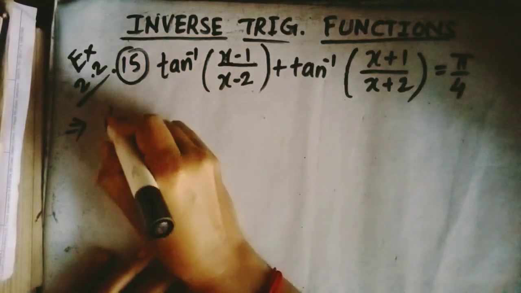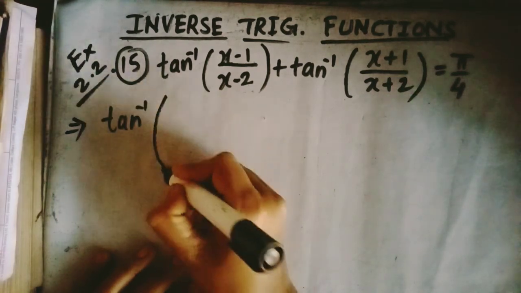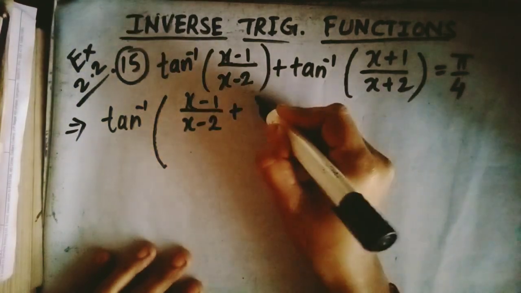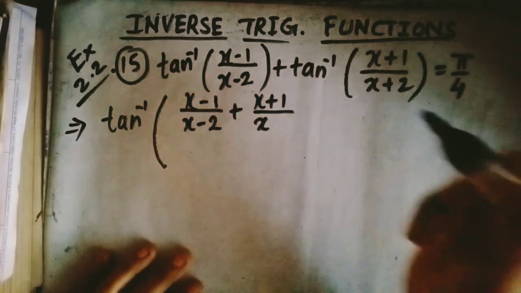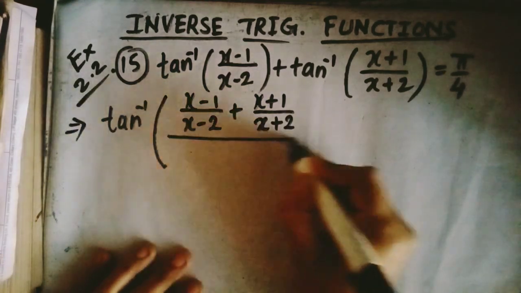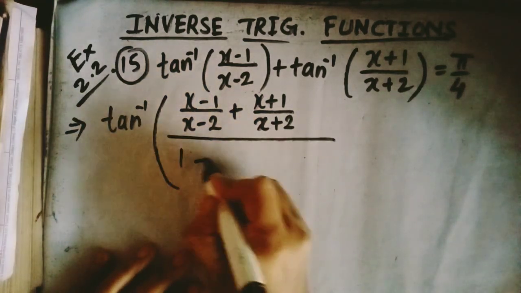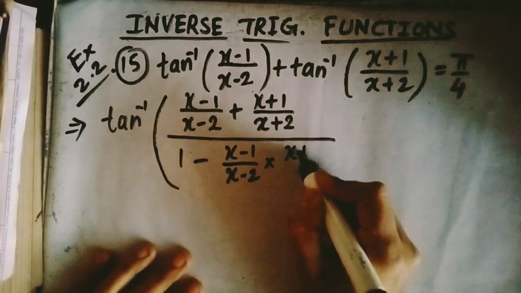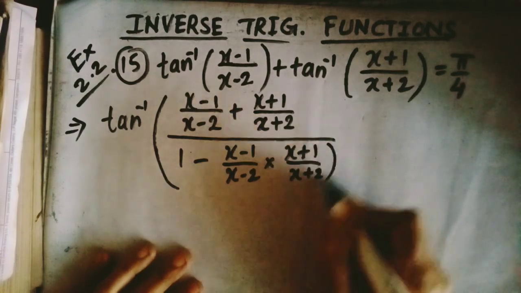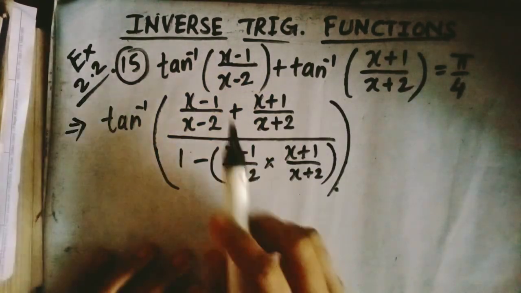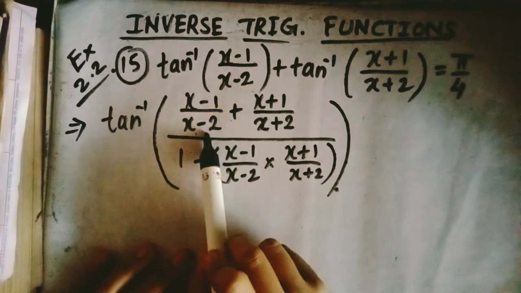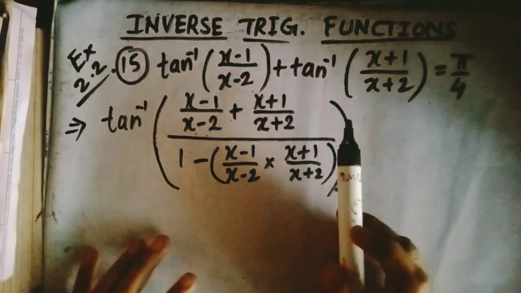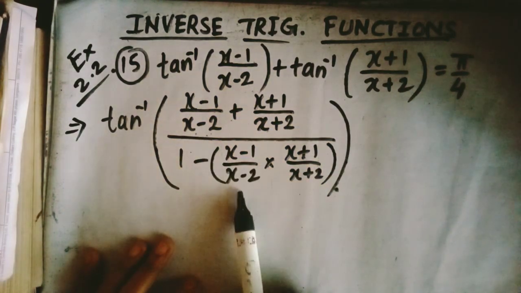So using that you will get tan inverse of (x minus 1 upon x minus 2 plus x plus 1 upon x plus 2) upon 1 minus (x minus 1 upon x minus 2) into (x plus 1 upon x plus 2). Okay. So cross multiplying you will get, keep the denominator as it is, okay, no need to cancel it, so that you can cancel it with this denominator.